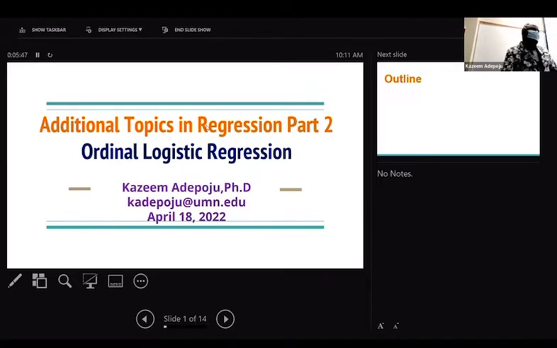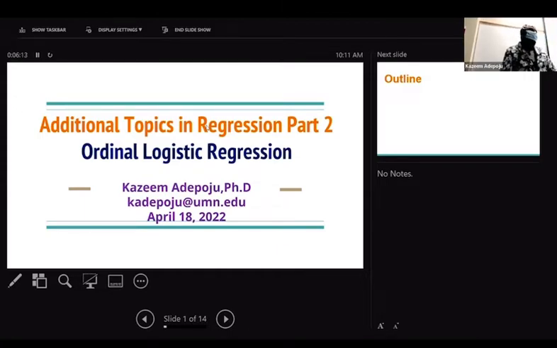Earlier in the semester, we fitted a linear regression in a situation where the response variable is continuous. And of course, the predictor variable could be categorical, continuous, or a combination of continuous and categorical.